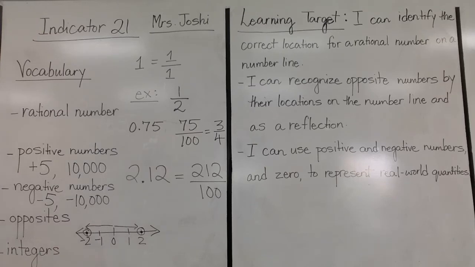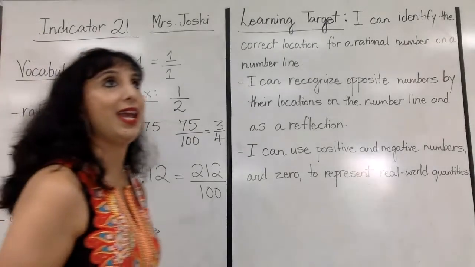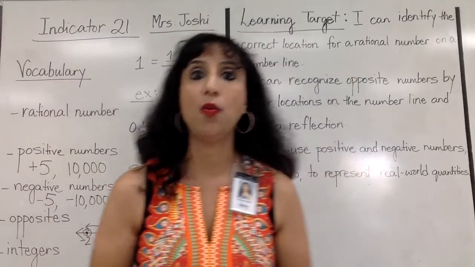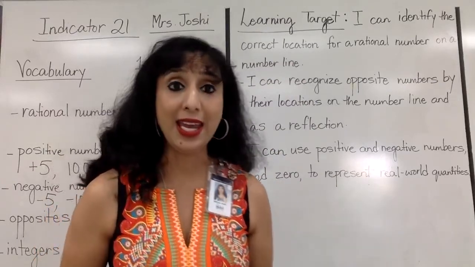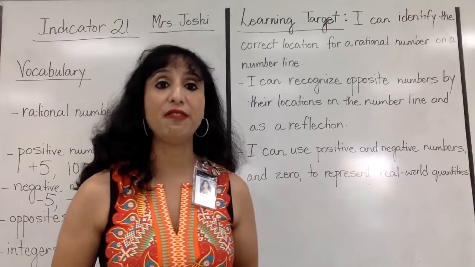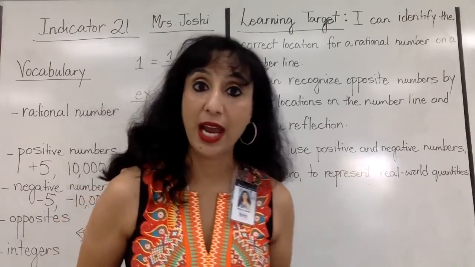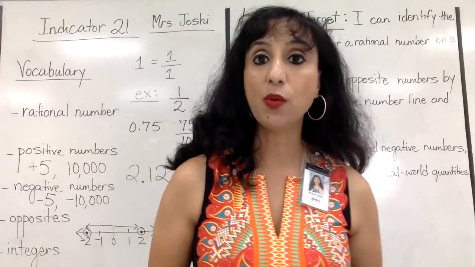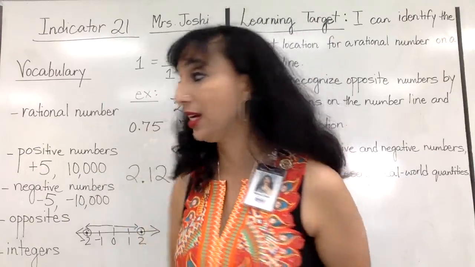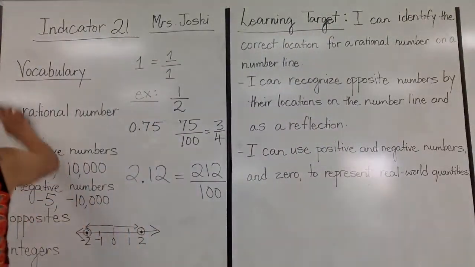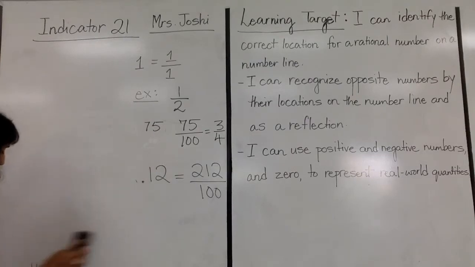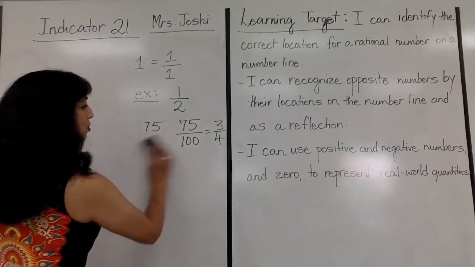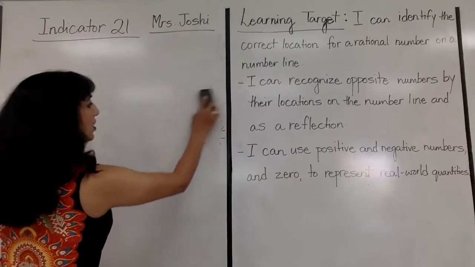Okay, so let's say I have a question where it's saying a contestant gains 250 points on a game show. So when you're gaining something, it is increasing. It is something which is going to be a positive integer.